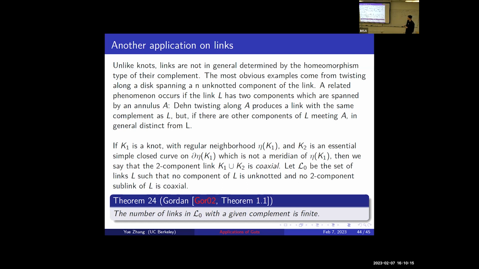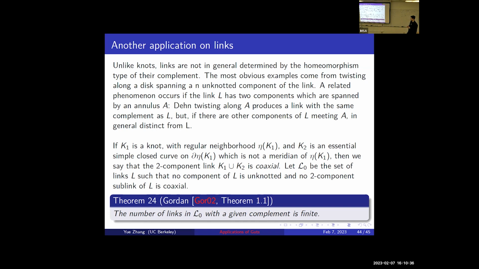So here's some definition. If K1 is a knot with a regular neighborhood eta K1, and K2 is an essential simple closed curve on the boundary of the neighborhood, which is not a meridian of eta K1, then we say K1 and K2 are coaxial.